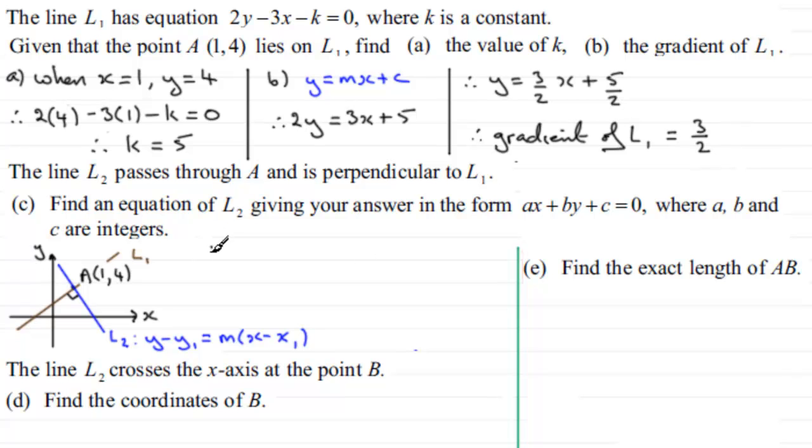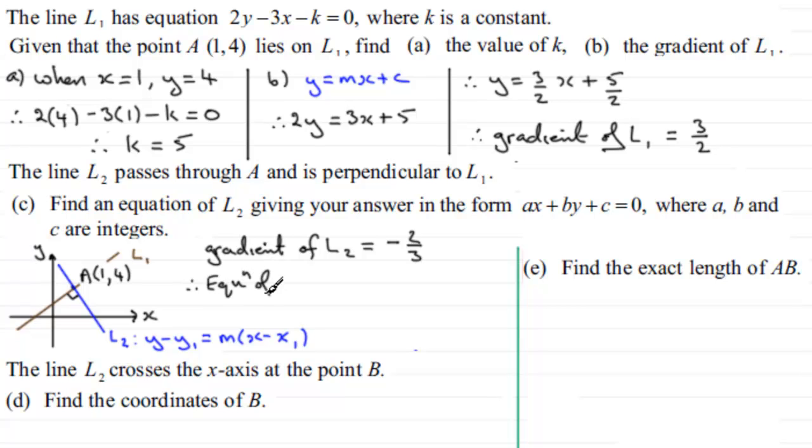So we know that the gradient of L2 must equal the negative reciprocal of this, so it'd be minus 2/3, so that when you multiply this with 3/2 you get -1. So therefore we've got the equation of L2, therefore let's just put a little intro here.